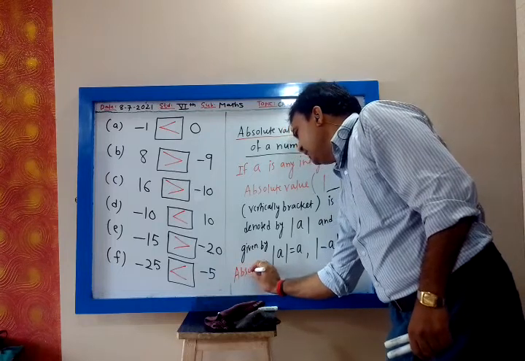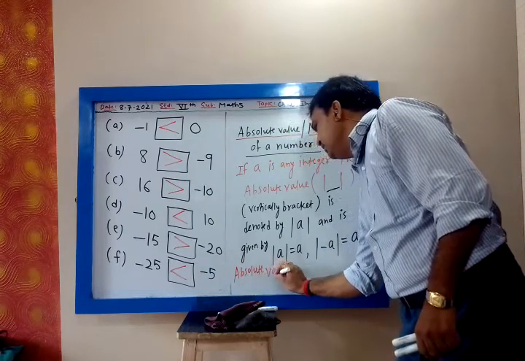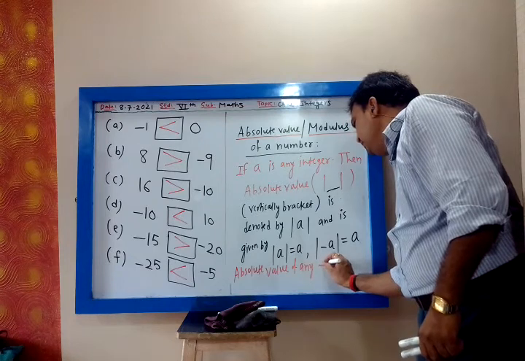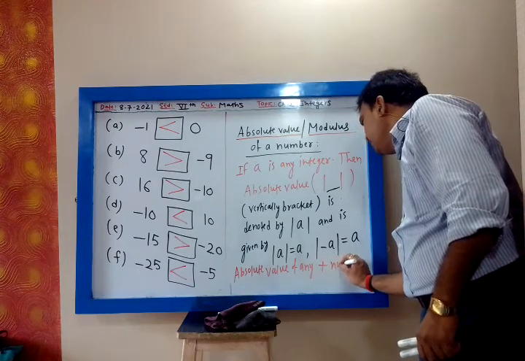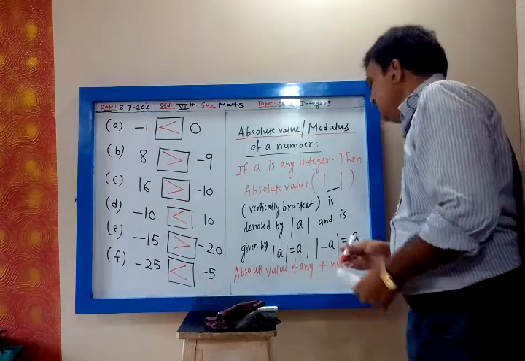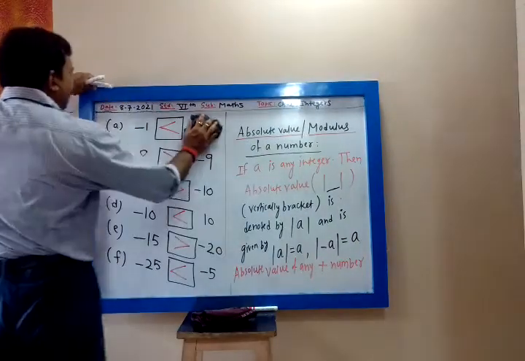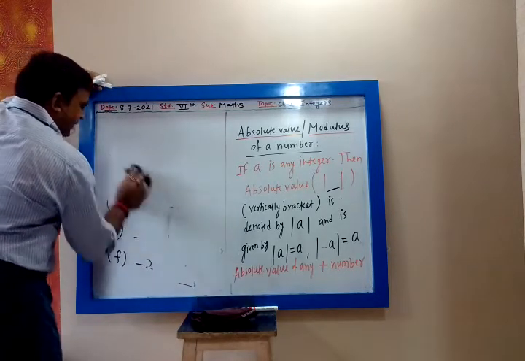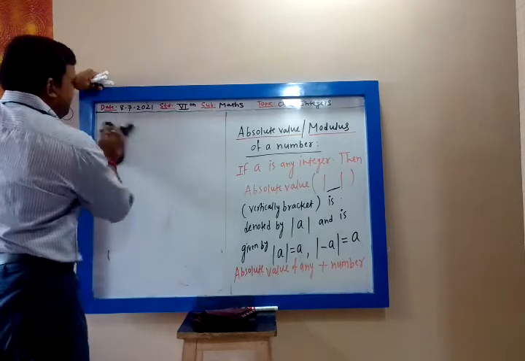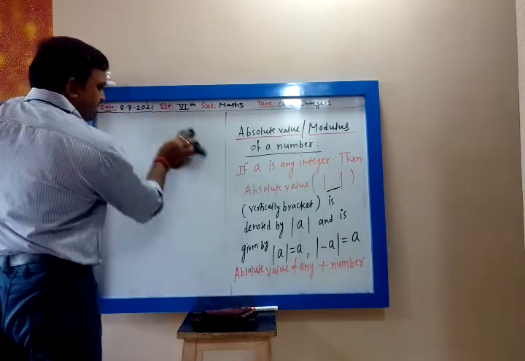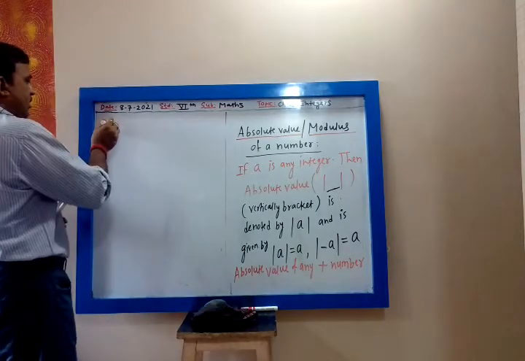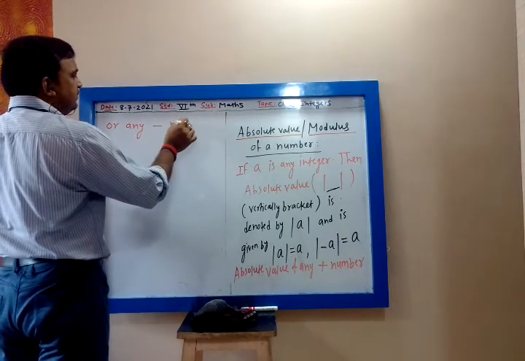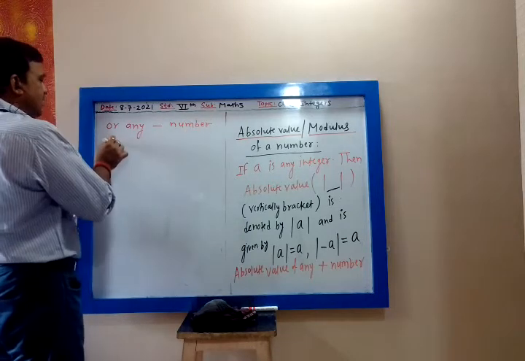Write down this: absolute value of any positive number or any negative number is always positive.